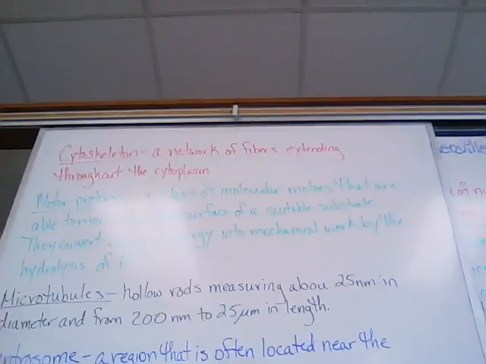The wall of the hollow tube is constructed from a globular protein called tubulin. Each tubulin protein is a dimer, a molecule made up of two subunits. A tubulin dimer consists of two slightly different polypeptides, alpha tubulin and beta tubulin.